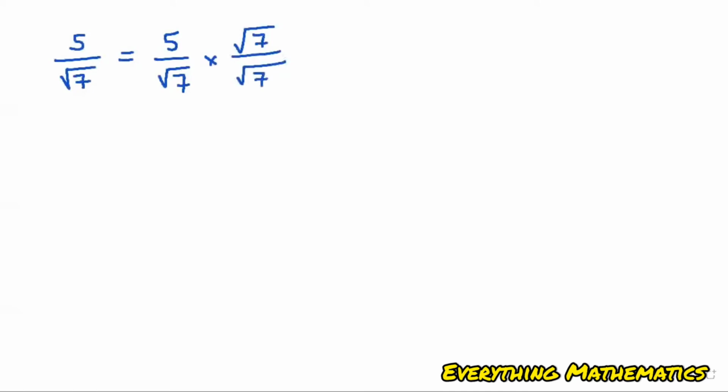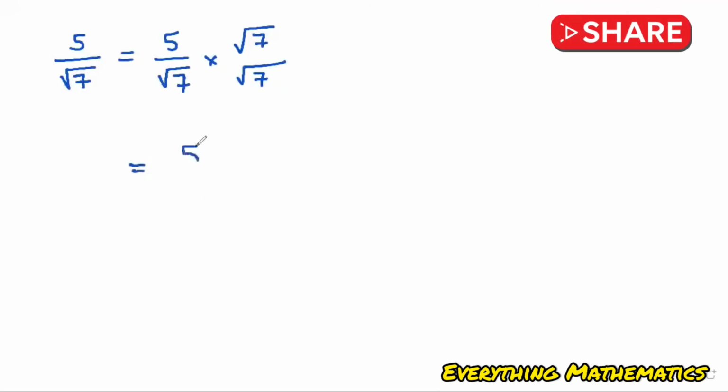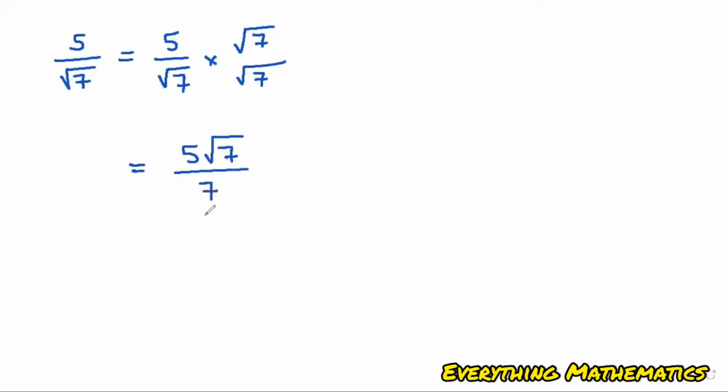It's just saying whatever I'm multiplying the bottom with, you multiply the top with. That is what's really happening here. And when you do that, at the top you end up with 5 root 7, and at the bottom, you will simply end up with 7.